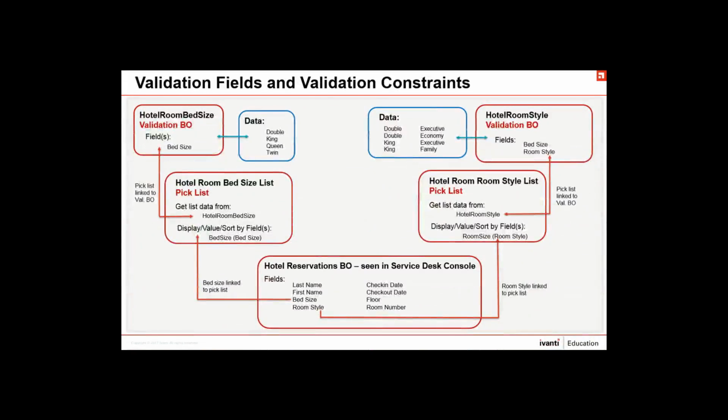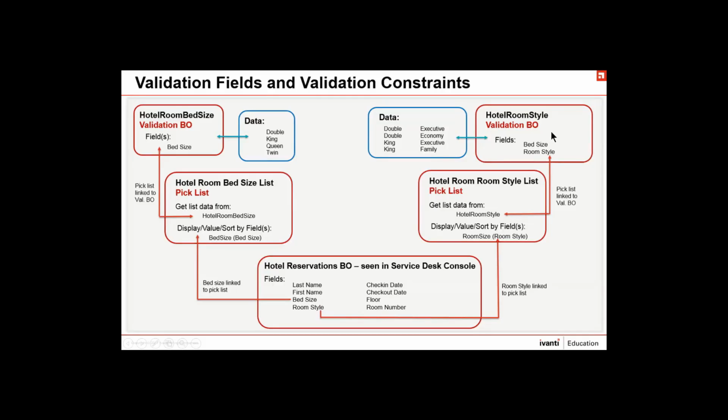Okay, so in the second half of the course here, what I did was I created a validation business object called hotel room style. Then I created a pick list that said to get its data from here. Then I went to my room style field and told it to get its data from this pick list, which in turn is getting it here.